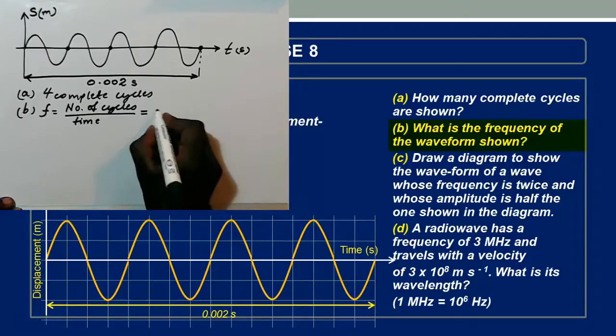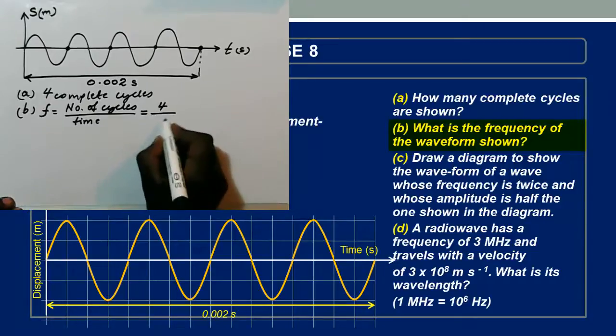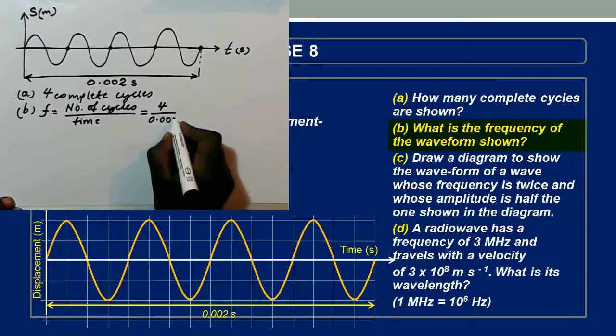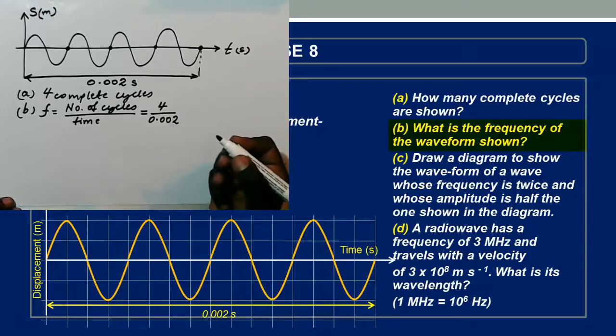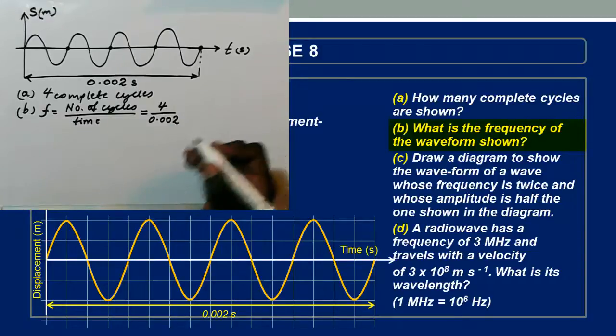So there are 4 cycles, and the time taken to make those cycles was 0.002, and we can get the frequency from this expression.